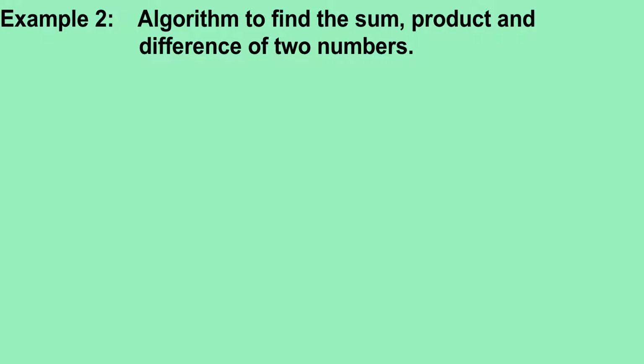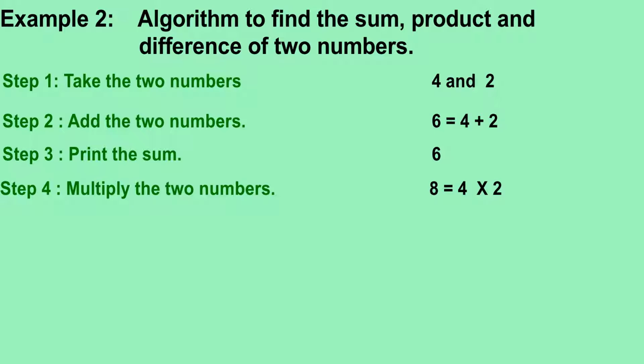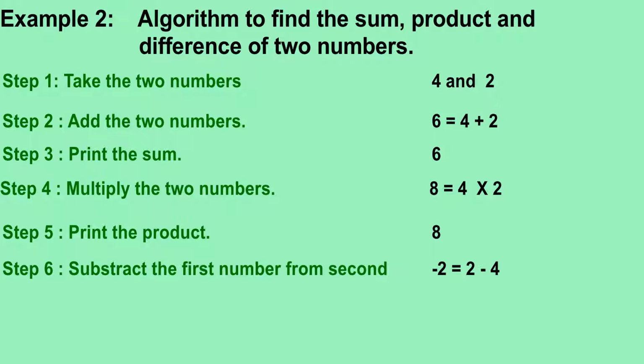Example 2. Algorithm to find sum, product and difference of two numbers. Step 1. Take the two numbers. Step 2. Add the two numbers. Step 3. Print the sum. Step 4. Multiply the two numbers. Step 5. Print the product.